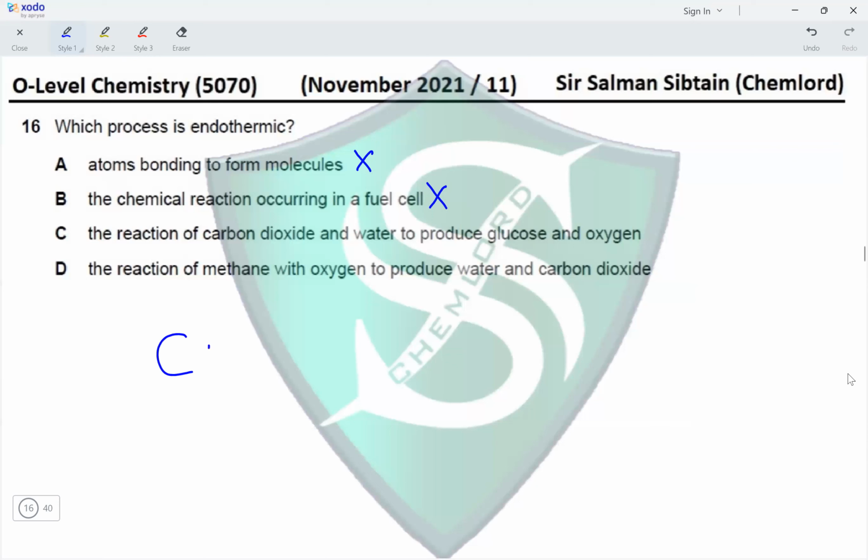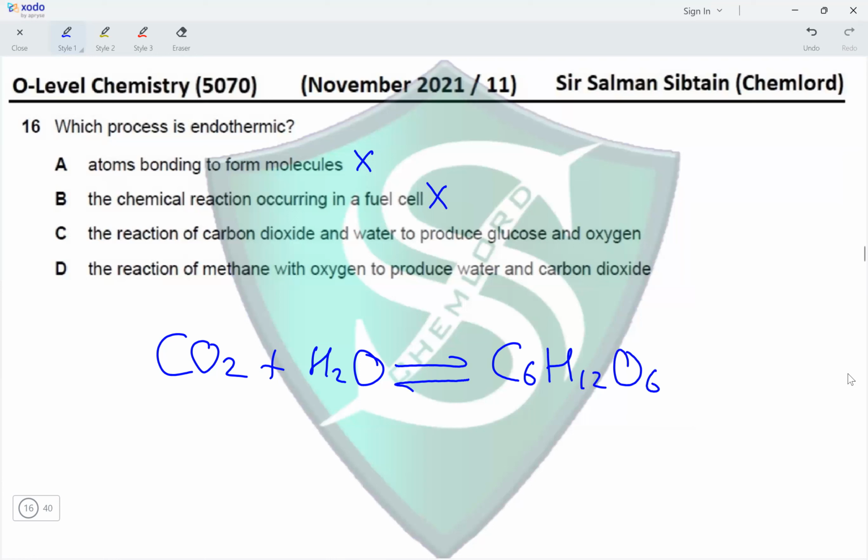So we have CO2 plus H2O giving us C6H12O6, which is glucose, plus oxygen. So now in this case, we know that this reaction going from glucose and oxygen to CO2 and H2O is exothermic.